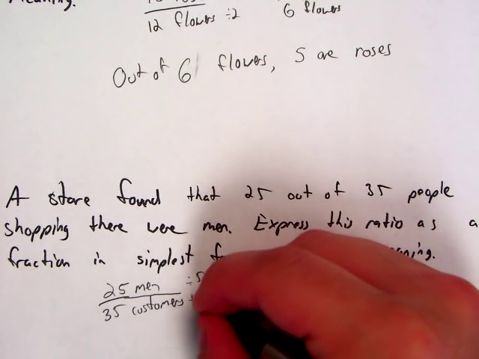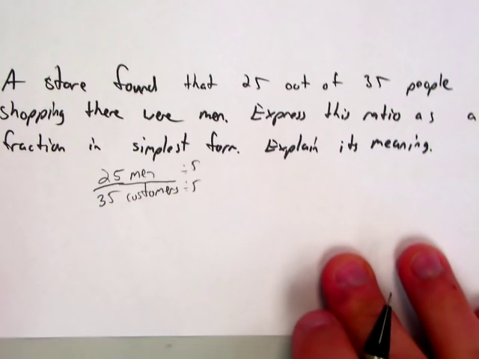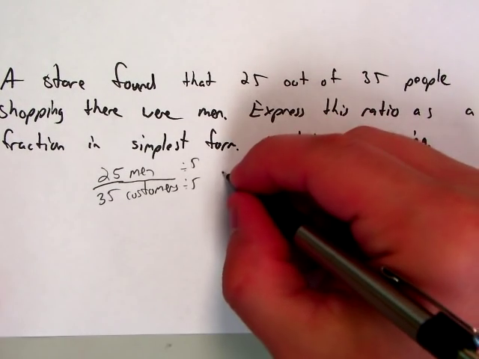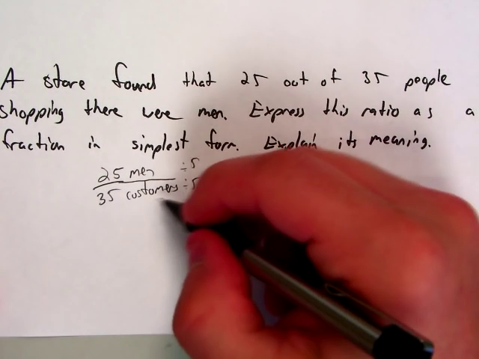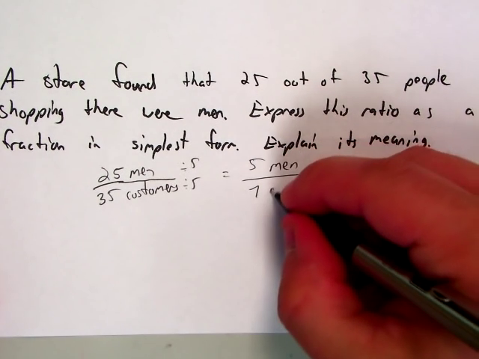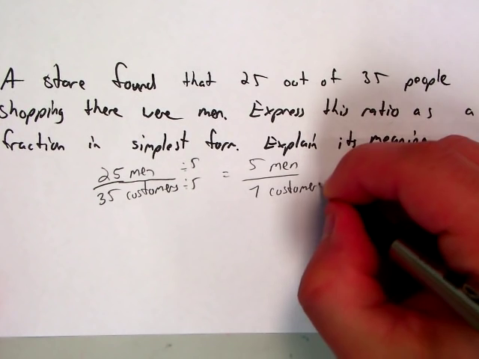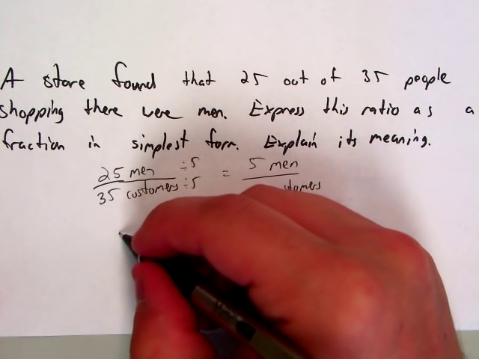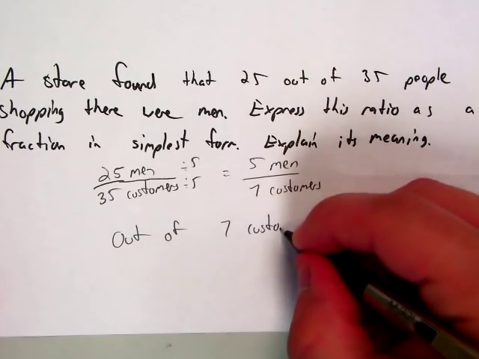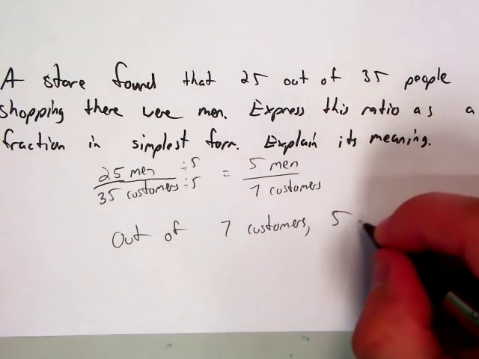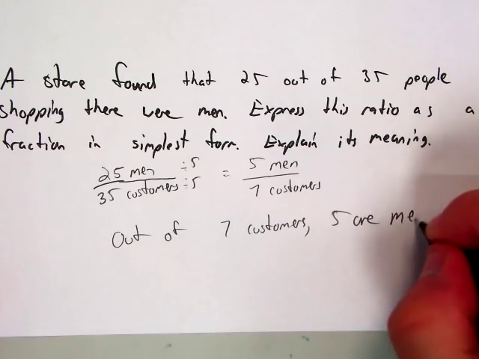So if I divide both the numerator and the denominator by 5, 25 divided by 5 is 5 men. And 35 customers divided by 5 is going to be 7 customers. So this could be out of 7 customers, 5 are men.